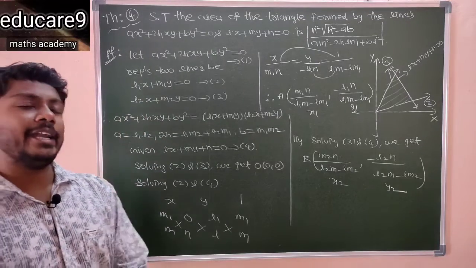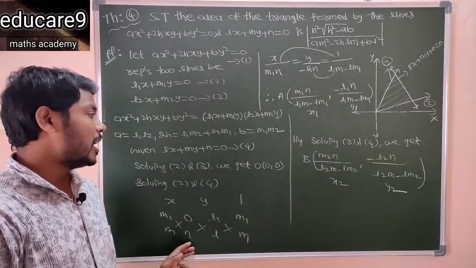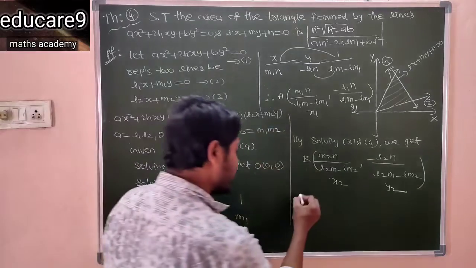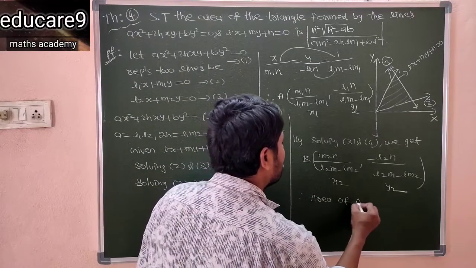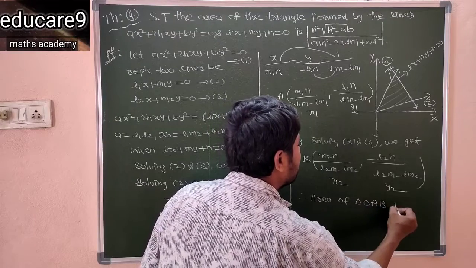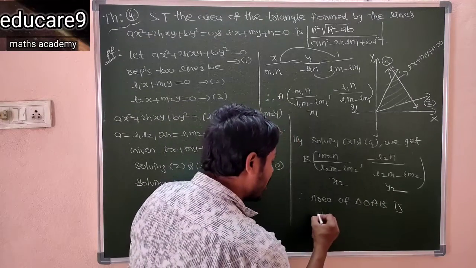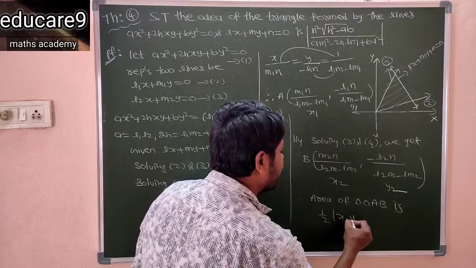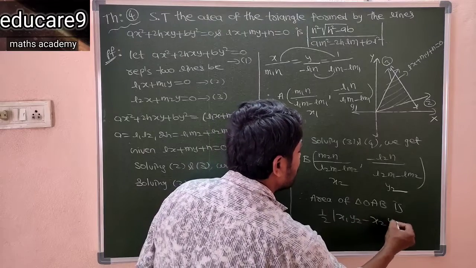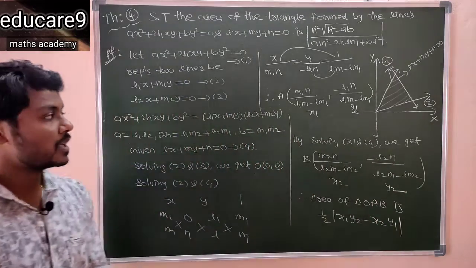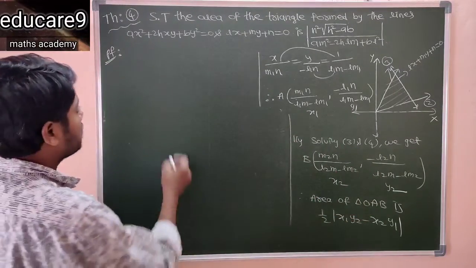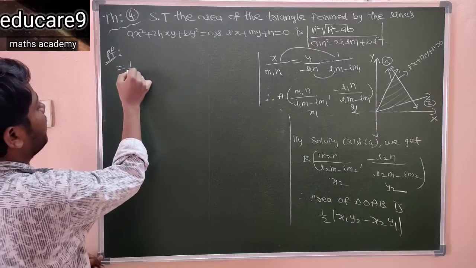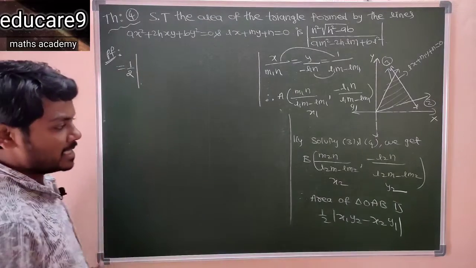Therefore you need to find the area. So clearly we have 3 points. Therefore the area of triangle OAB is half of the modulus of x1 y2 minus x2 y1. Here this is x1 y1, this is x2 y2. So this is equal to half into: what is x1?